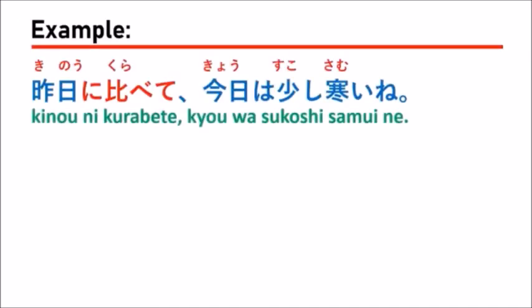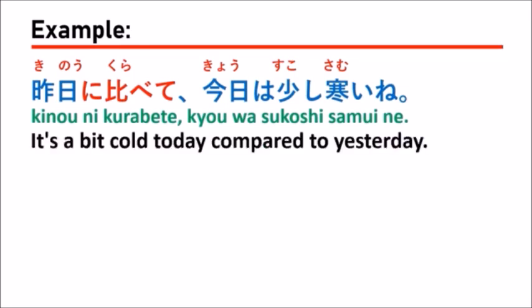The first example: 昨日に比べて今日は少し寒いね。Which means it's a bit cold today compared to yesterday.